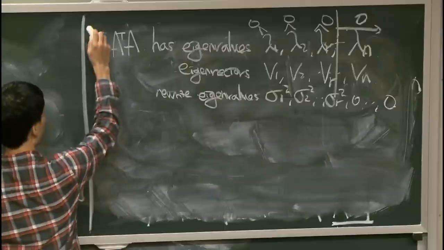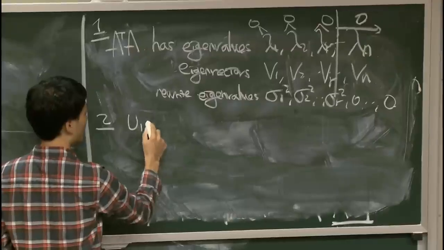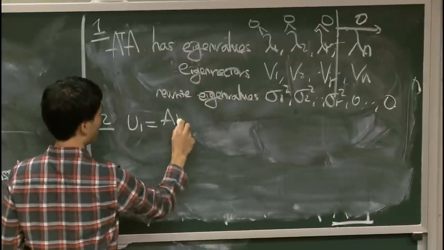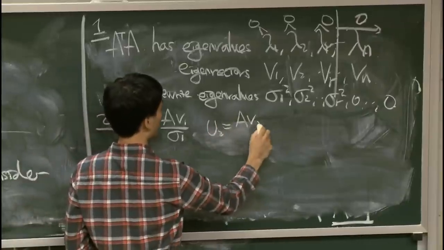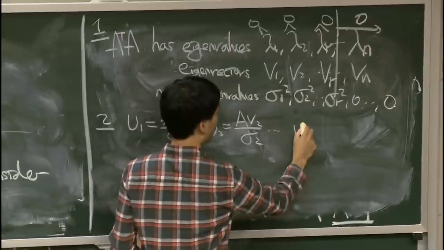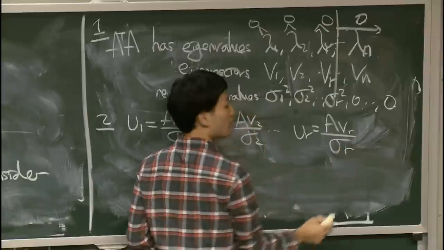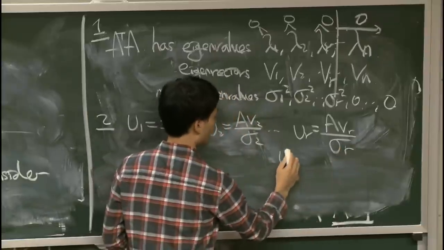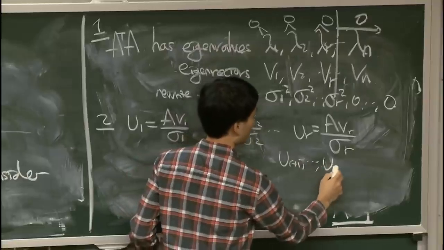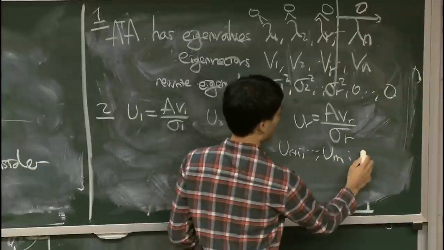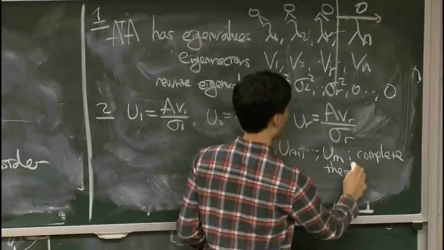Step 2 is to define u1 as A times v1 over sigma 1, u2 as A times v2 over sigma 2, and ur as A times vr over sigma r. And then u r plus 1 up to u m, complete the above into a basis.